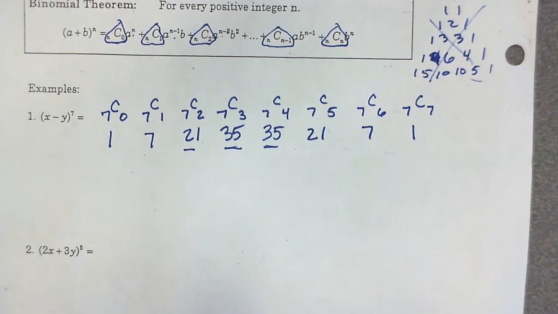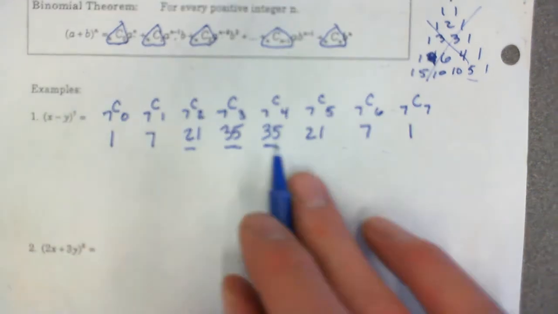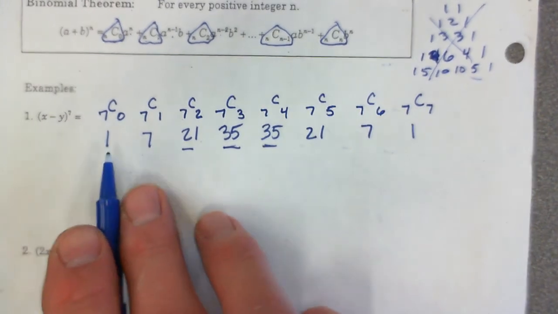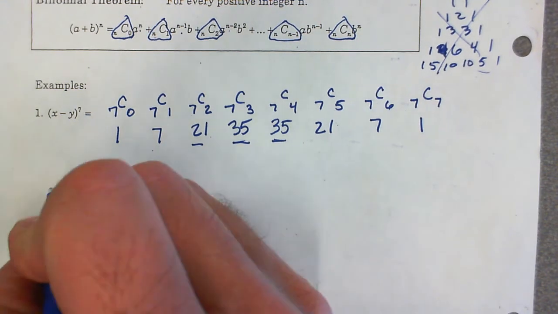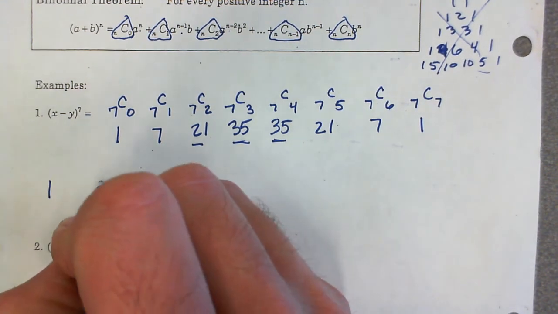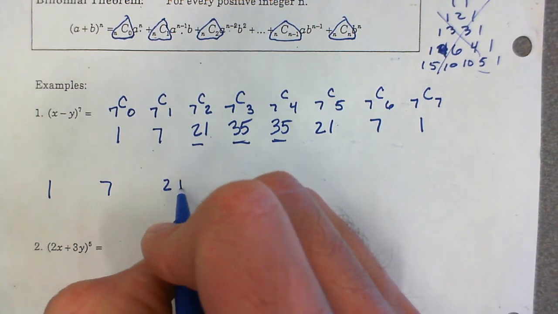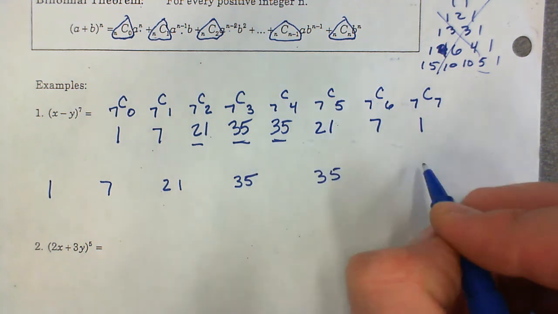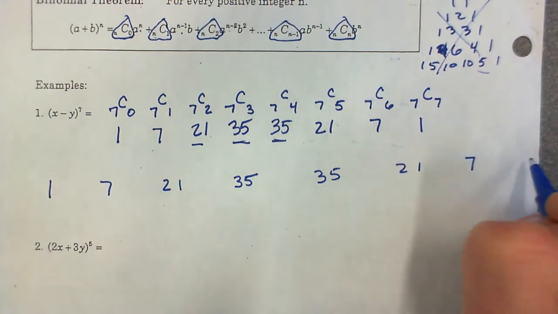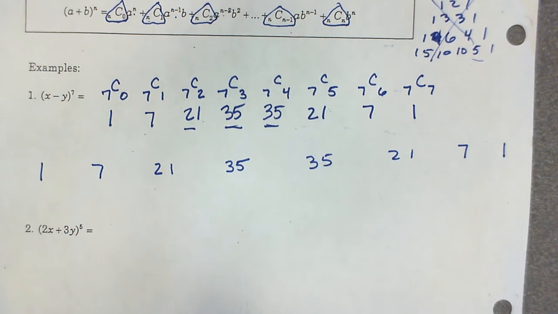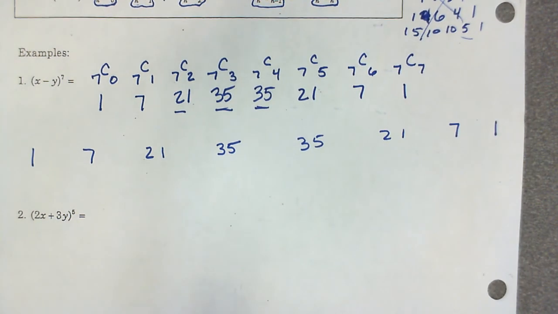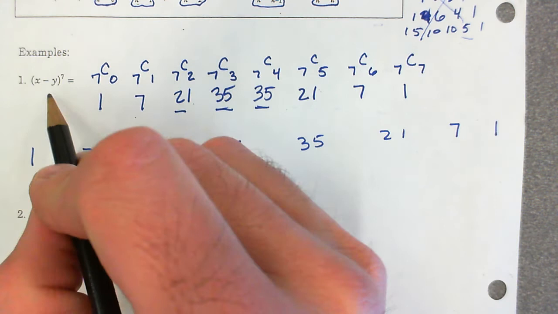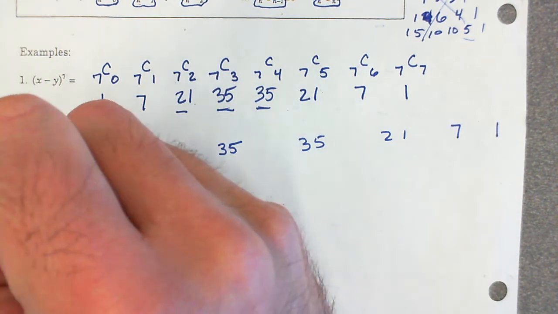Now that you have the chart drawn out for the 7th power, we can spread these out. So this is 1, 7, 21, 35, 35, 21, 7, and 1. And now we can just start filling in our variables. For the x term, we're going to start at the 7.